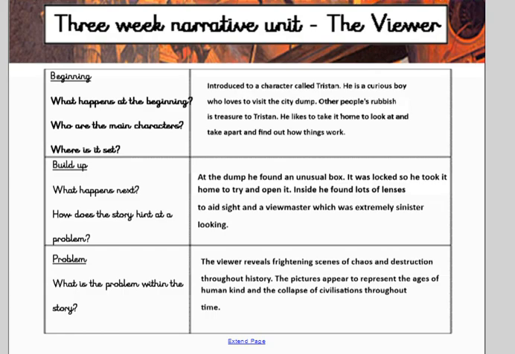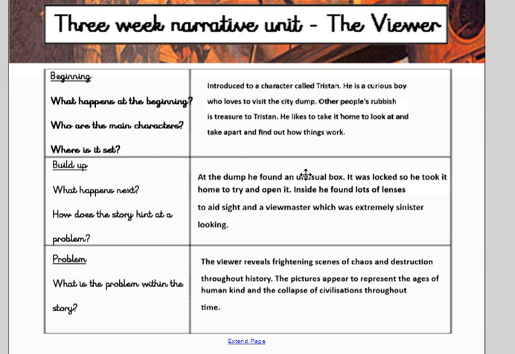So what you're going to do is you're going to take these first parts. Now the main ideas within there are we're introduced to a character within the beginning, and then we find out about a main setting where we find the Viewmaster. So in the story's case, we're introduced to Tristan, and then we find out about the city dump.